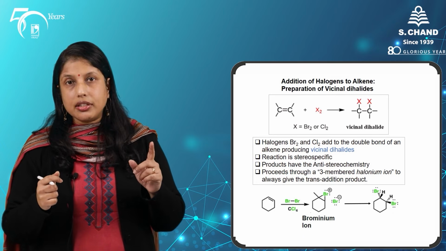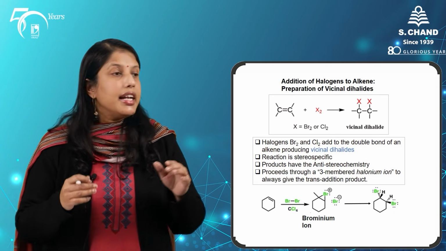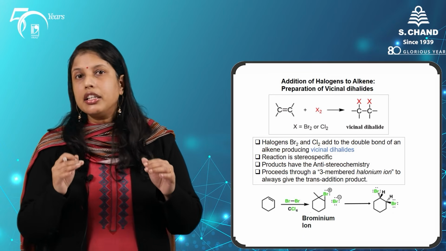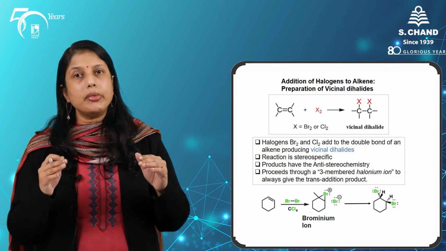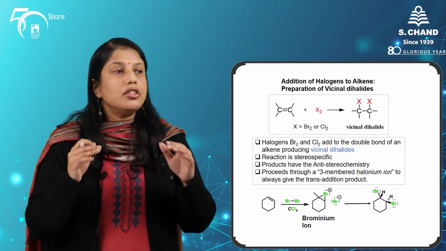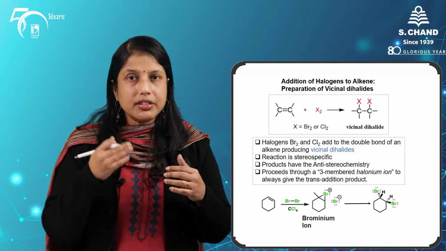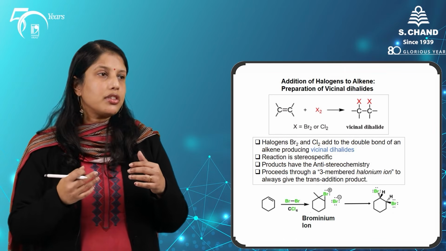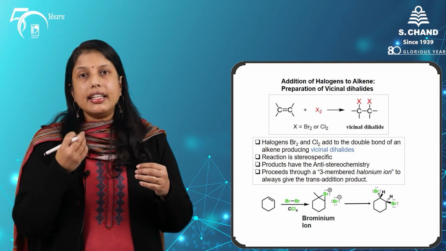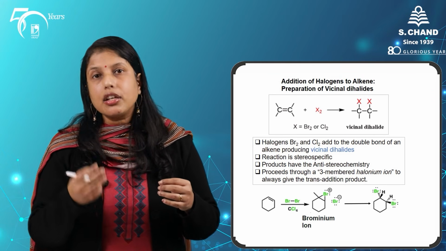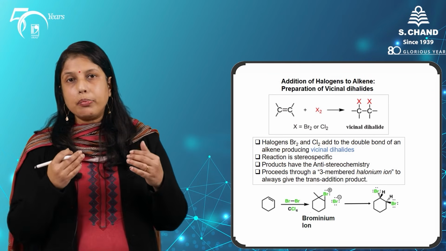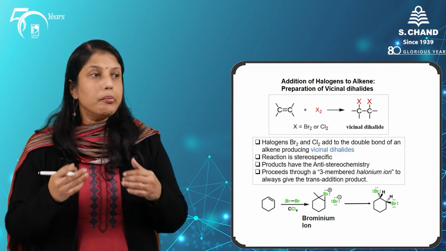This reaction, if you remember, is commonly done in our undergraduate organic chemistry laboratories. So, where the reaction involves bromine in solvents like carbon tetrachloride, and it is a standard test for the detection of the presence of a pi bond.